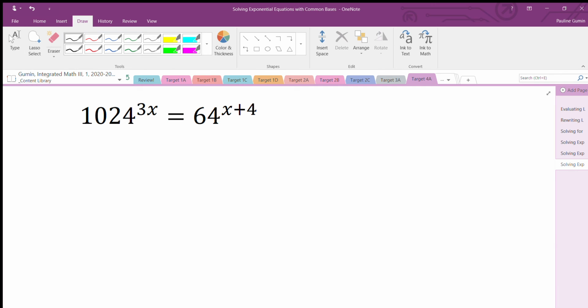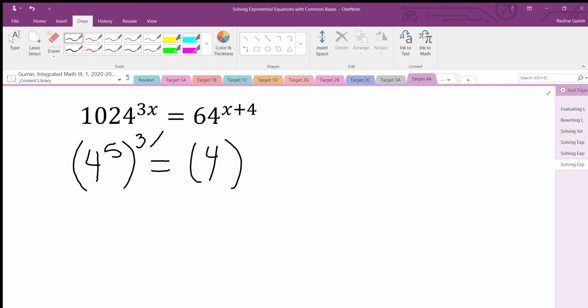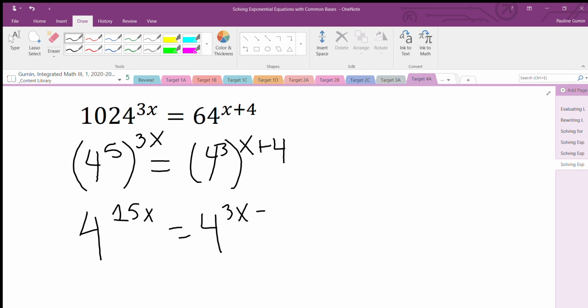Okay, 1024 and 64. Their common base is going to be 4. It's going to be 4 to the power of 5 over here, and 4 to the power of 3 over there. Let's multiply our exponents. We have a common base now.